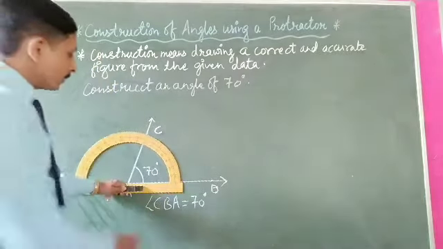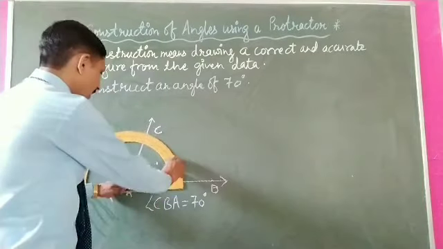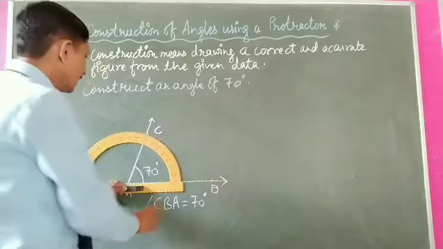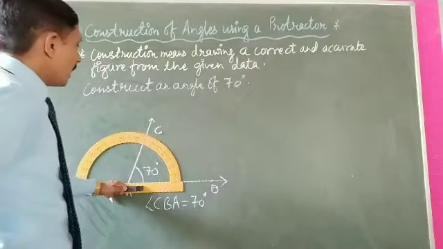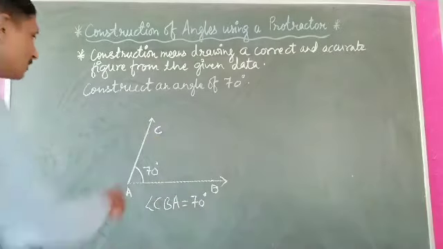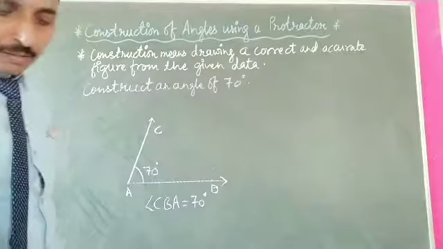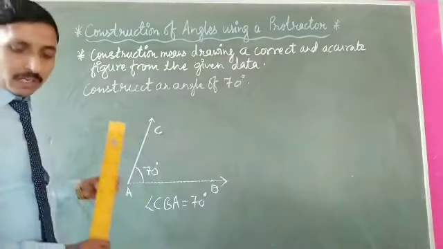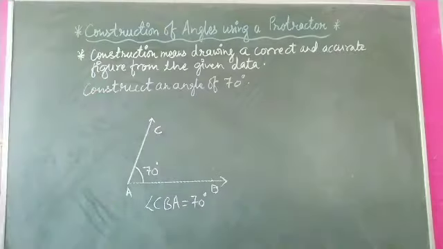Now read from 0 to 70 on the inner scale and put a mark C. Then remove the protractor and draw a ray from the vertex A to C. So in this way we can construct an angle of 70 degrees.